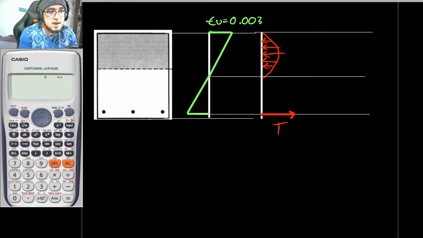But as you can see, guys, if this is your strain diagram and your stress diagram, it would be very hard to solve for its resultant because we do not know how to solve for this area. So according to Whitney, I'm not quite sure if he is a person or if she is a person, but anyway, Whitney's diagram would now look like this.